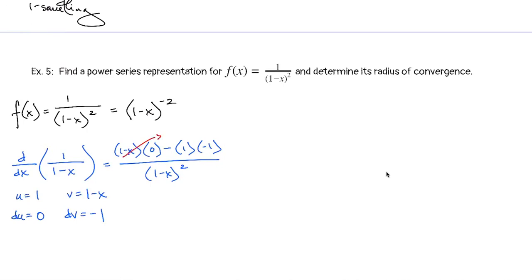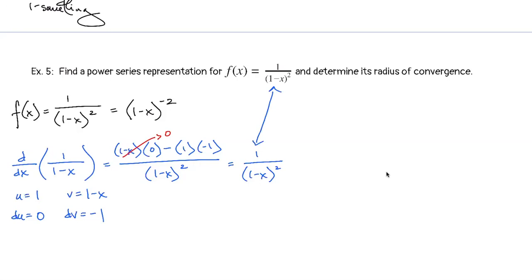Now this goes to 0. And so what I end up with is 1 over (1 minus x) squared. Okay. So I take the derivative of 1 over 1 minus x, and I get the function that I'm looking for, okay? So this and this are the same.